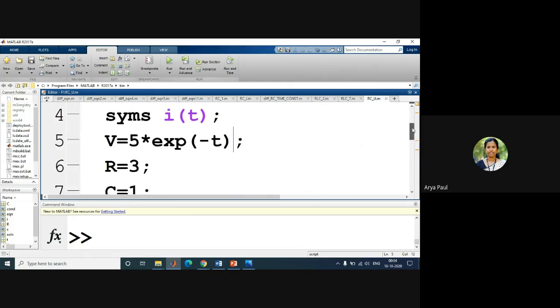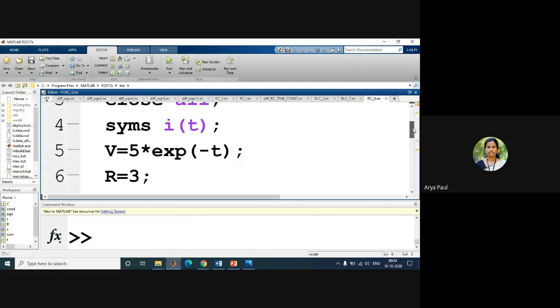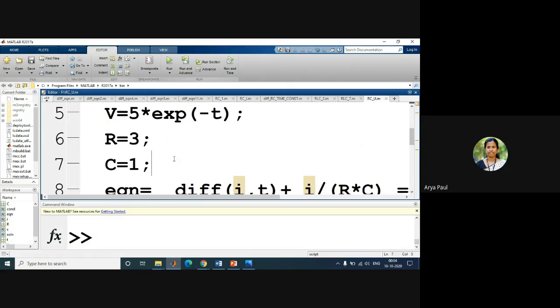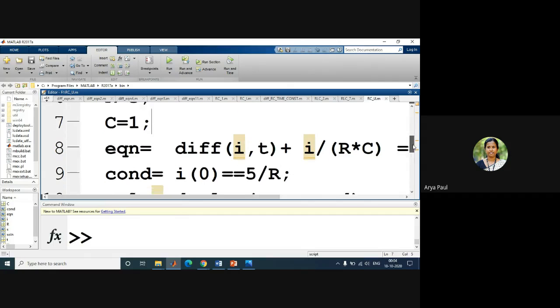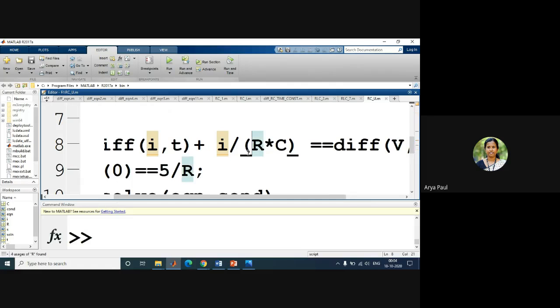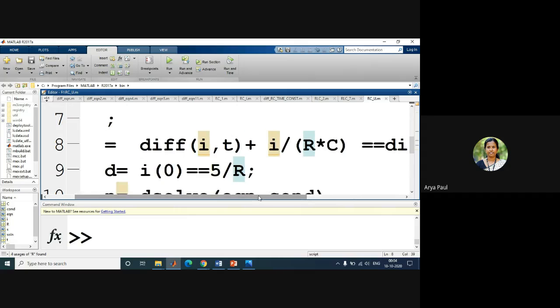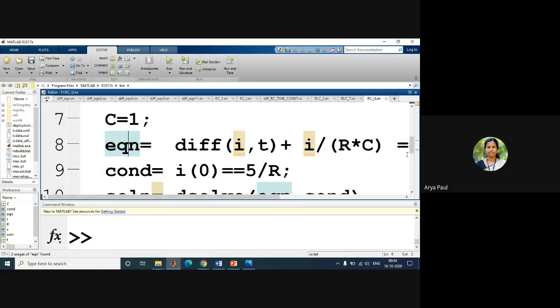Then R is equal to 3, then C is equal to 1. Now the equation di by dt plus I by RC is equal to diff of V, that is dV by dt, divided by R. That is my equation. I'm putting that equation in a variable called equation.